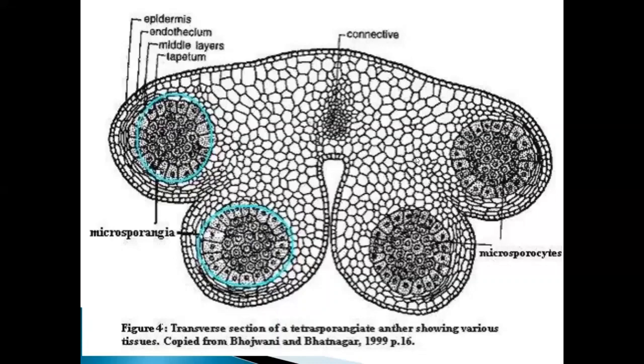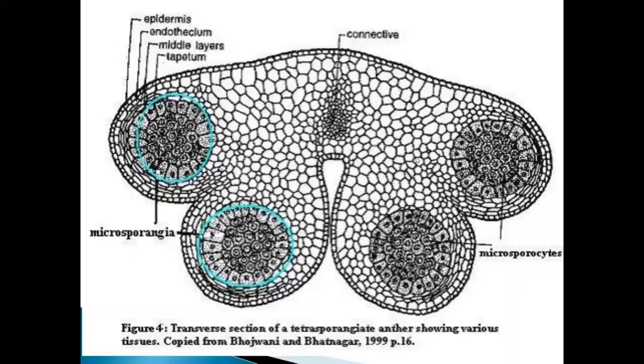Each stamen arises as a small papillate outgrowth of meristematic tissue from the growing tip of the floral primordium. It grows actively and soon differentiates into an apical broader portion, the anther, and a lower slender part, the filament.